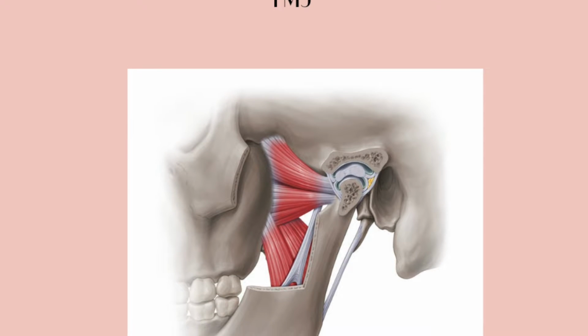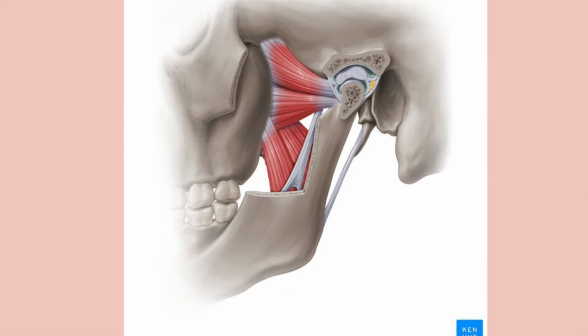If we move a little bit in front of that muscle group, we're going to look at the jaw joint, the TMJ. The muscles that support this joint are mainly for opening and closing the mouth. They help with chewing and, like I said, opening and closing the mouth. So the muscle group that we're looking at here are called the pterygoid muscles.